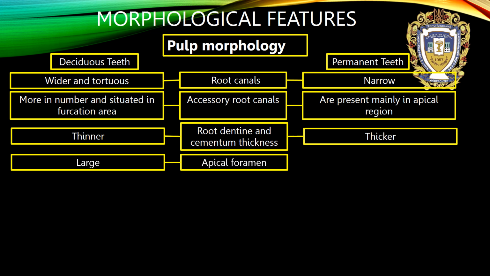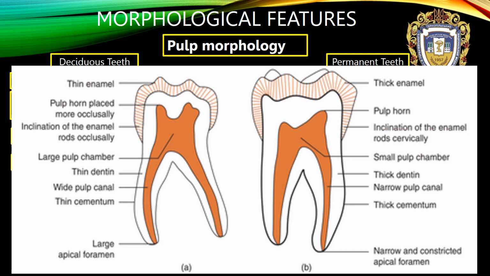Let's repeat about the apical foramen. Large apical foramen in temporary teeth and narrow, constricted apical foramen in permanent teeth. Large apical foramen in temporary teeth schematically, and narrow in permanent teeth.